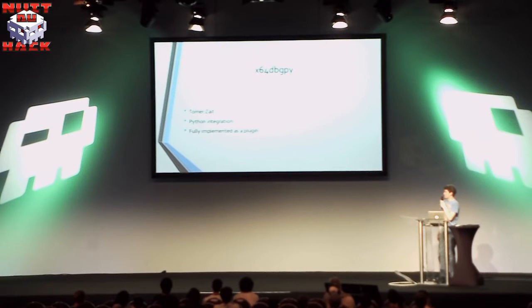And it's fully implemented as a plugin. I added a few API functions that he needed, but apart from that, it's a plugin. There's no trickery involved, and you can pretty easily write your own Ruby plugin or PHP plugin if you're crazy, or something like this.